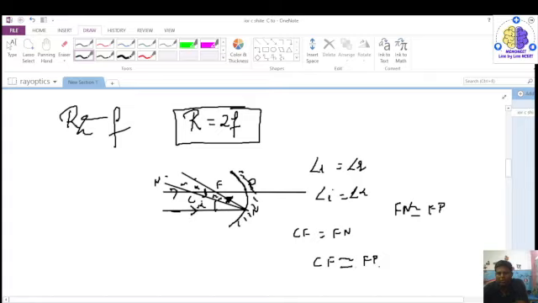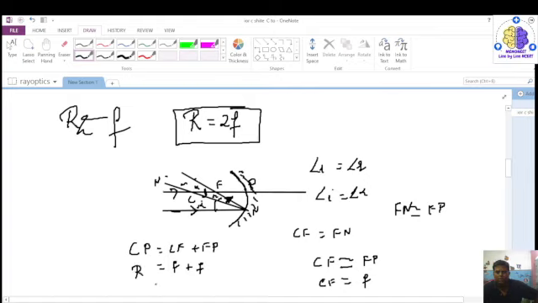Now, what is FP equal to? FP is nothing but the focal length. So CF also becomes equal to the focal length. Now, the length CP is equal to CF plus FP, and CF is equal to small f, that is the focal length, plus FP is also equal to the focal length, and CP is nothing but the radius of curvature.